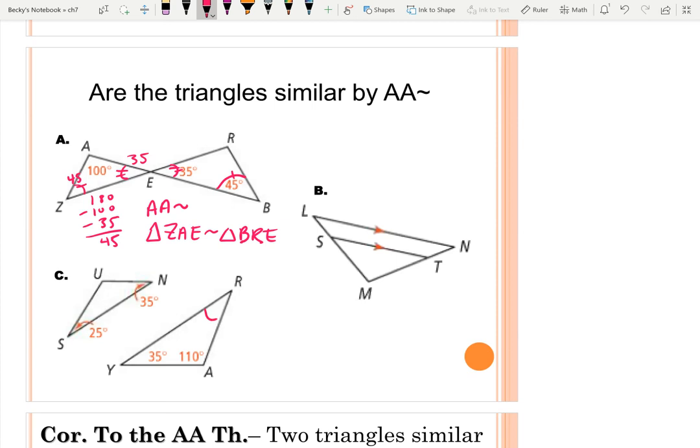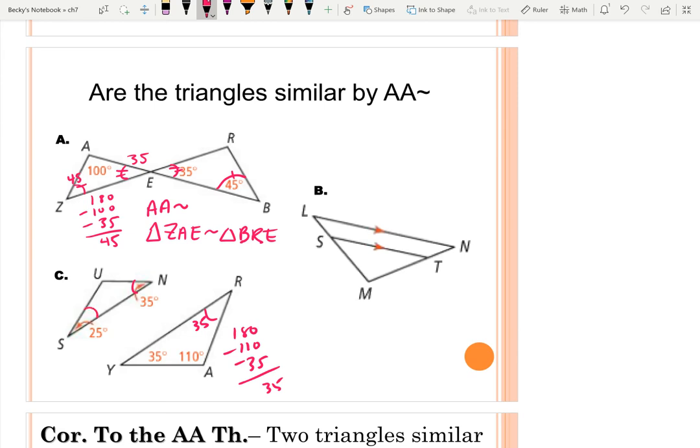Let's find this one. I'm going to take 180 minus 110 minus 35. So I get 35. Okay, so there's a 35 and there's 35. So does it work? What do you guys think? Of course it doesn't, right?